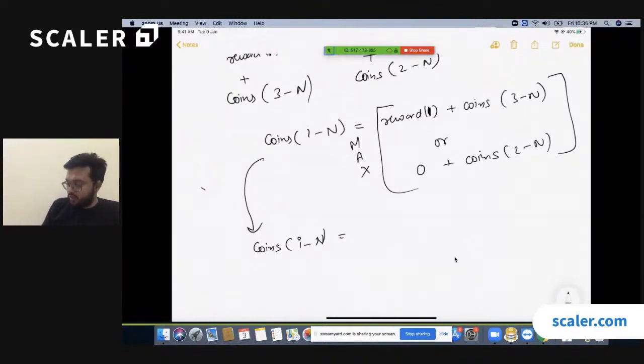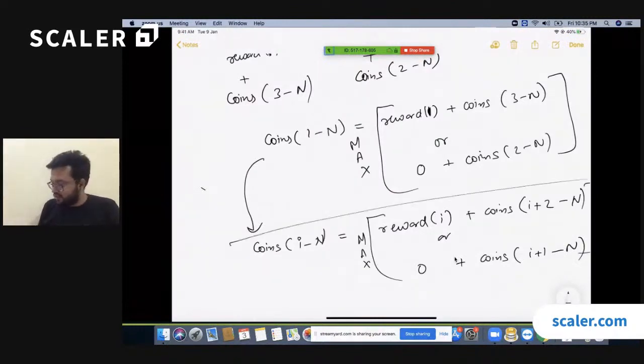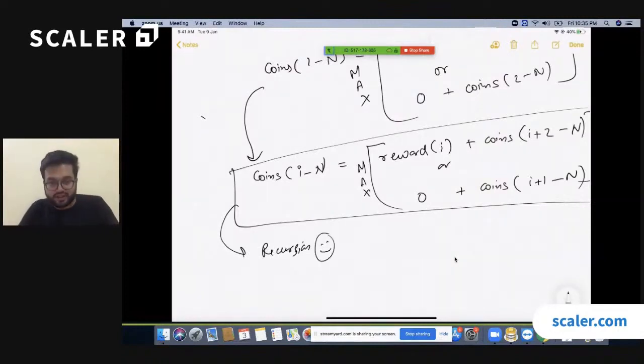Coins i to n would equal, one option is that you loot the ith house, you get the ith reward, plus you reduce the problem into coins i plus 2 to n, or you choose not to loot the house, plus coins i plus 1 to n. You take the maximum of the two. Now this is the recurrence relationship. The moment you arrive at this recurrence relationship, you know that this problem can be solved using recursion.